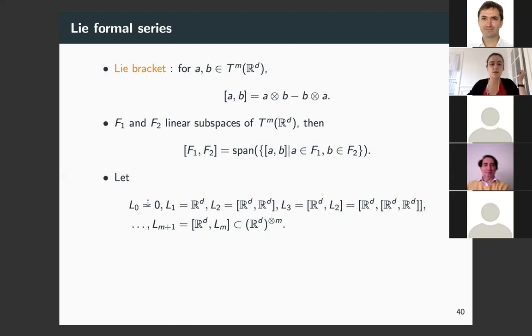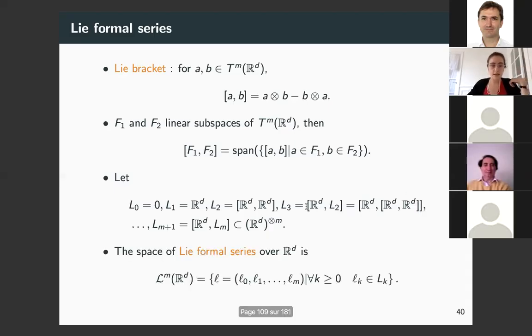So L0 is just 0, L1 is all R^d, and then I take the bracket products of R^d with itself and I iterate. And I consider the space of Lie formal series, which is a subspace of Tm of R^d of all the elements which can be written in this form. So each of the Lk is in this Lie brackets space.